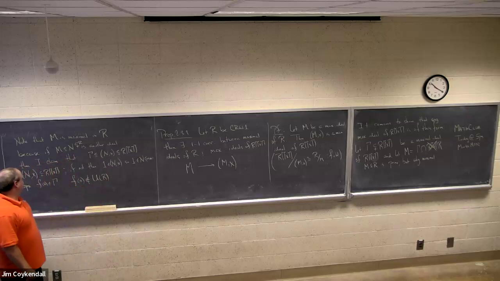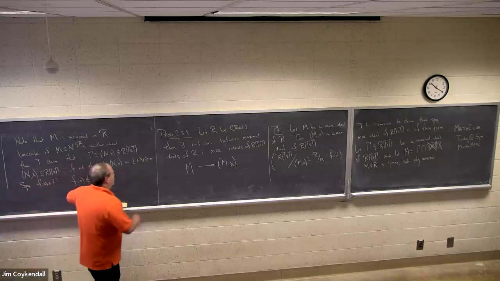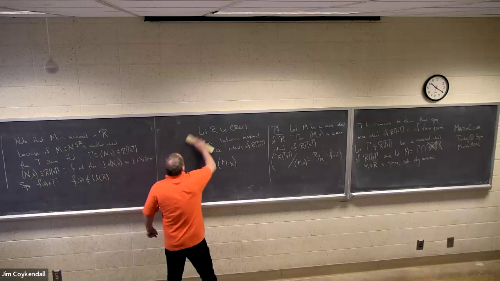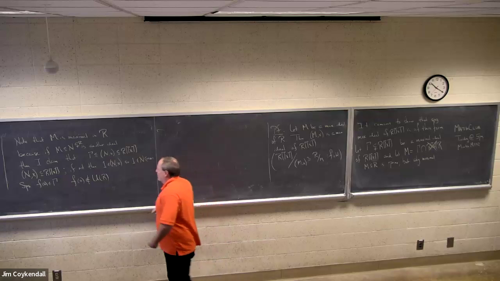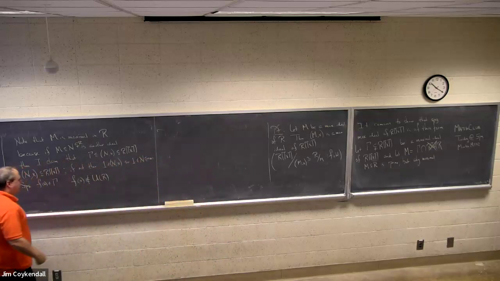Because if you start with a unit, this would be a unit inside this prime ideal, which is not possible for power series. Okay, so how does that help?